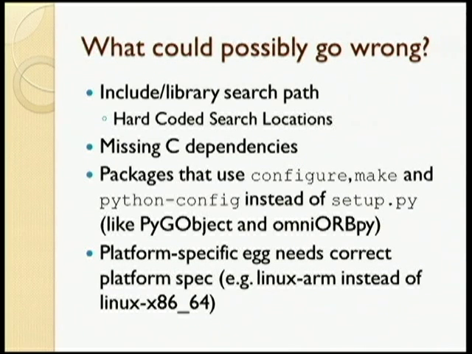So you have to add an extra include for your Python. Many modules do hard-coded search locations for libraries. So you may have to go and edit the setup.py file for the particular library that you're using in order to get it to find the C library that it's using.